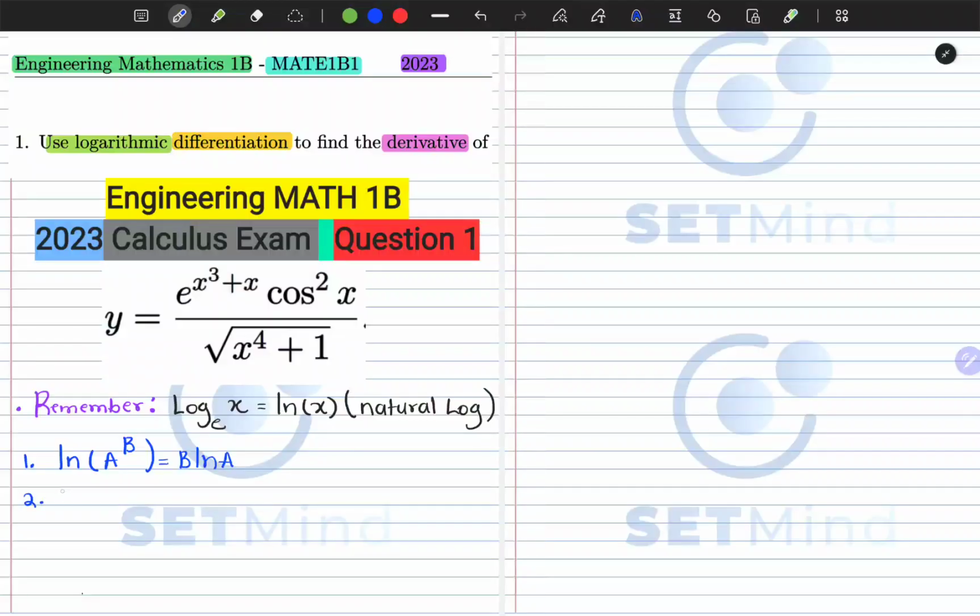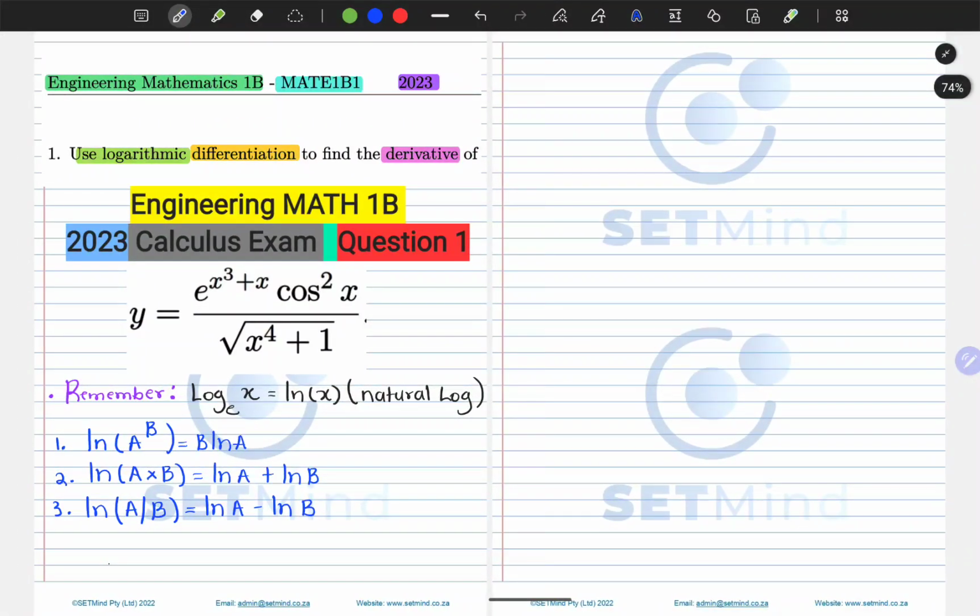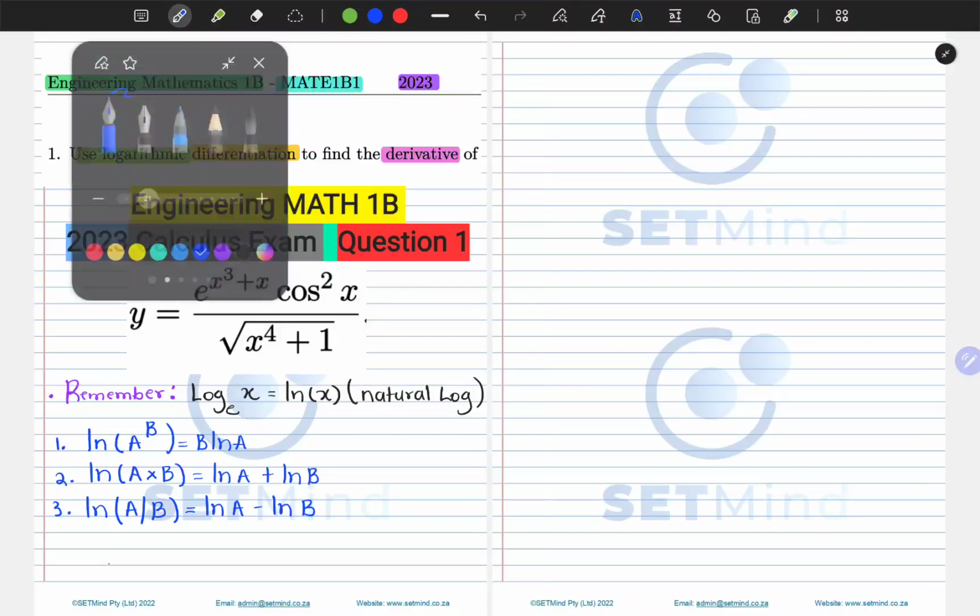Number 2, ln of a times b is the same as ln of a plus ln of b. And ln of a divided by b is the same as ln of a minus ln of b. So these will be very important and crucial in our working of this problem here.